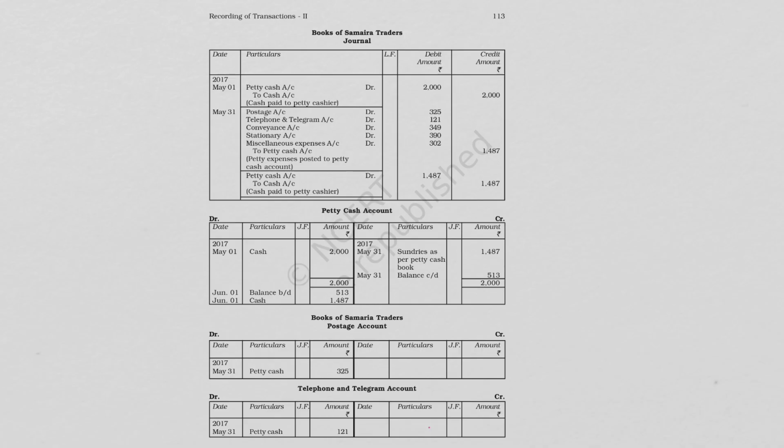So what are the entries that we are recording? Petty cash account will debit to cash account, because the main cash account we are transferring to this another account, the petty cash account. And from this, we are debiting all the expenses. So it is not affecting our main cash account. All the expenses are debited, and since petty cash is an asset, when an asset reduces, it is credited.